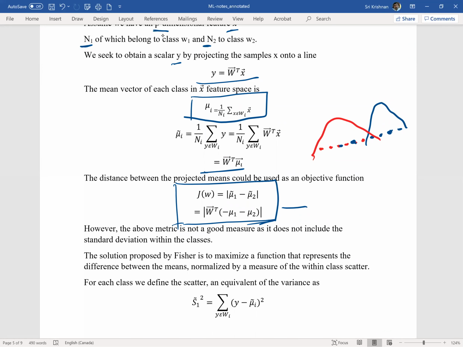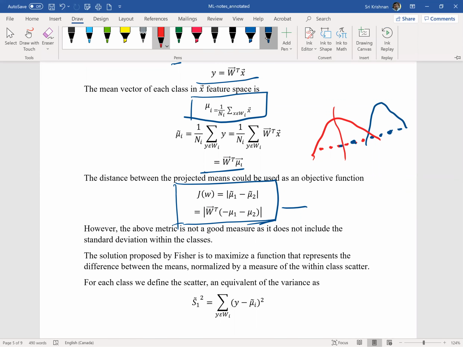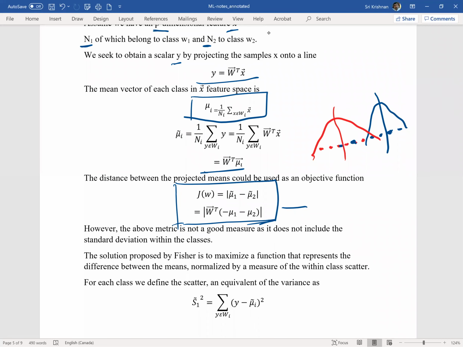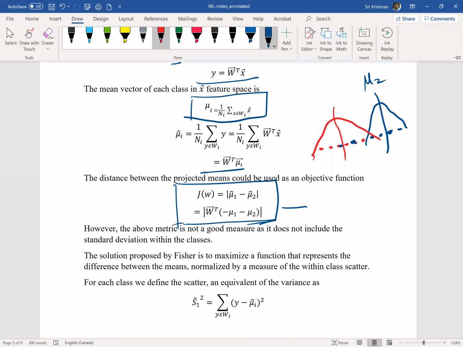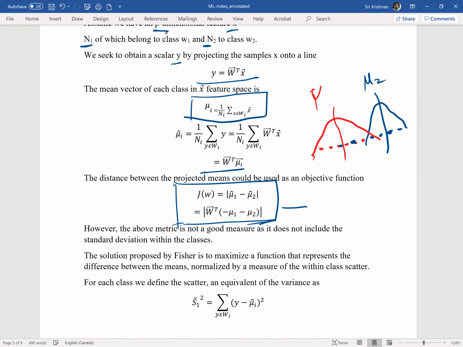Each one has a mean. This could be mu2, and the red one would be mu1. The idea is to keep this distance as far as possible. This green line should be as long as possible so the two classes get separated.